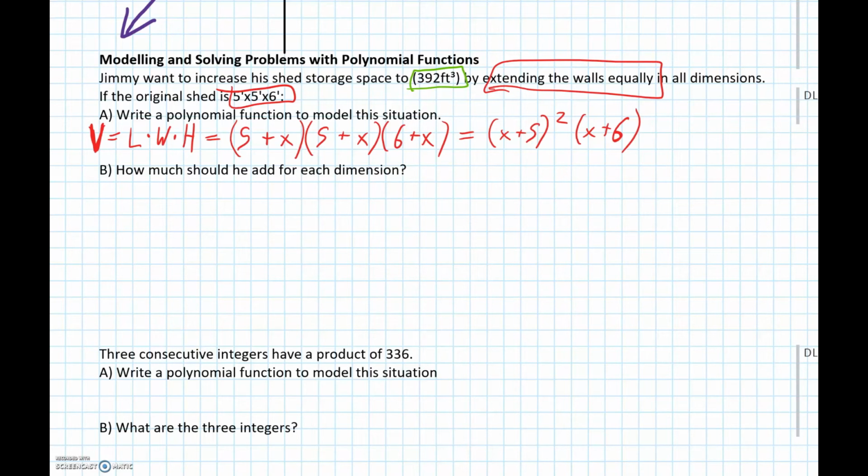Okay, so what we need to do is plug this into our calculator. In y1, we're going to put this in our calculator. So I'm going to talk it through. I don't have my calculator on my tablet to show you guys, but we would do exactly this.